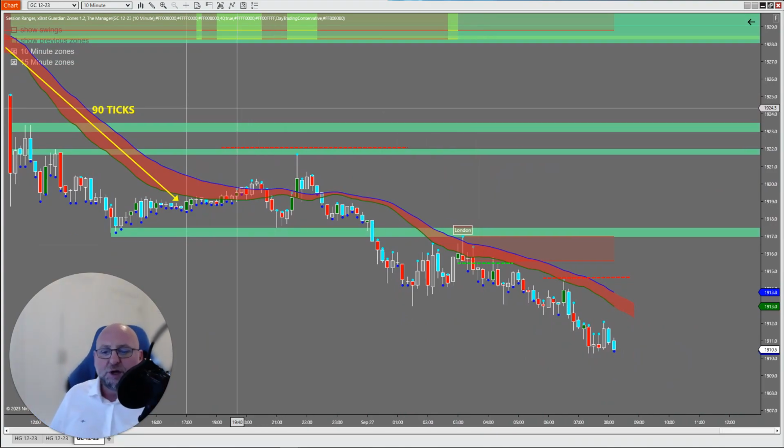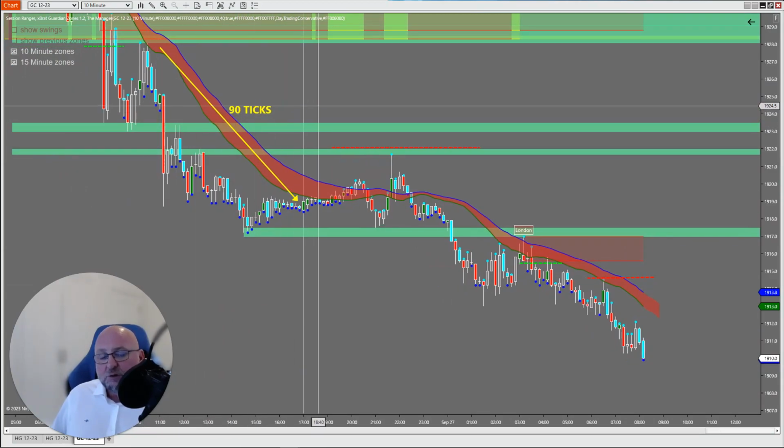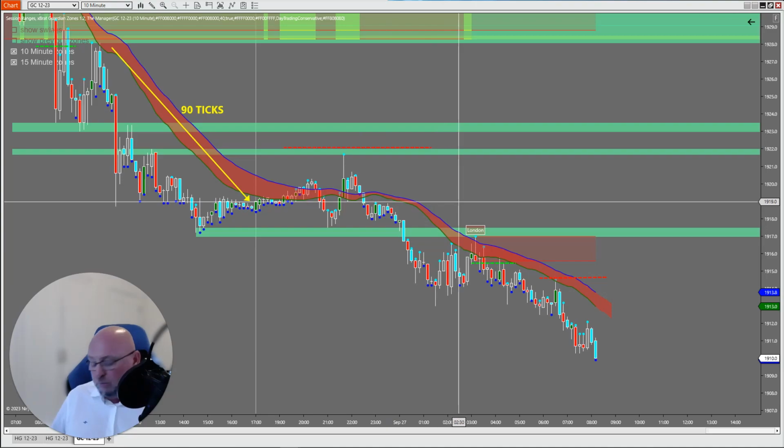So before you go to bed, before you leave your computer running, you've put 45 ticks of profit with that trailing stop. Okay, you're safe, you're risk free, and if it comes back against you, you're going to take your profit. But what you do is give the trade a chance to work, understanding the behavior, understanding where those support and resistance zones are, and the manager is keeping you in the trade with the red.